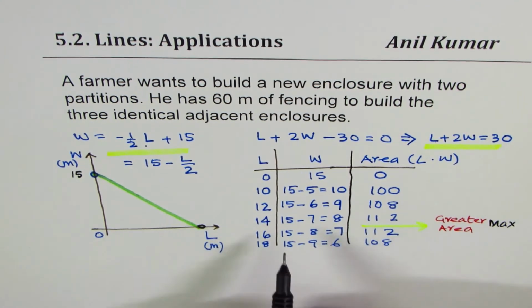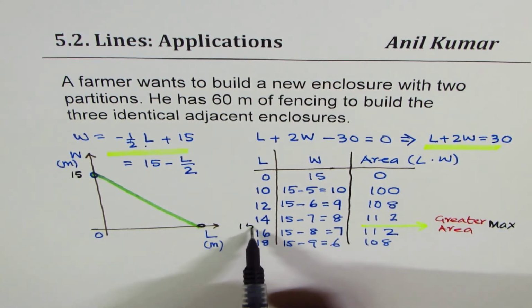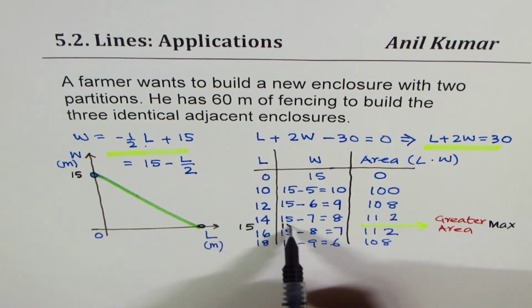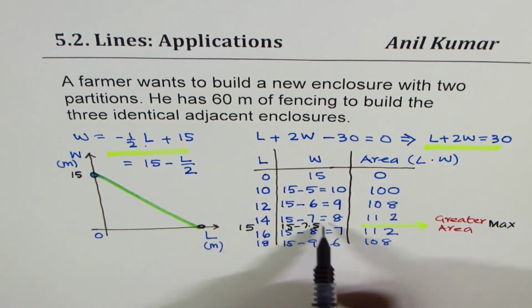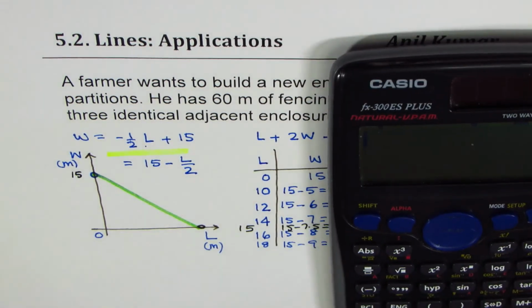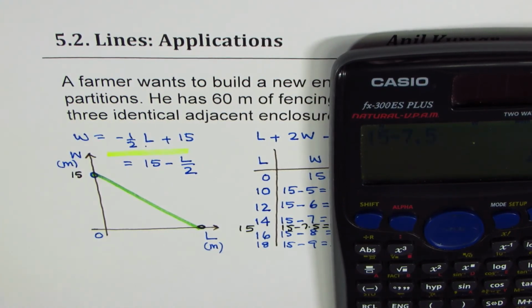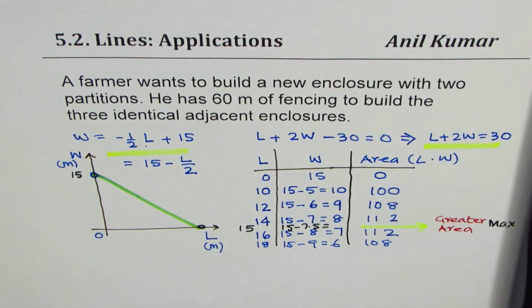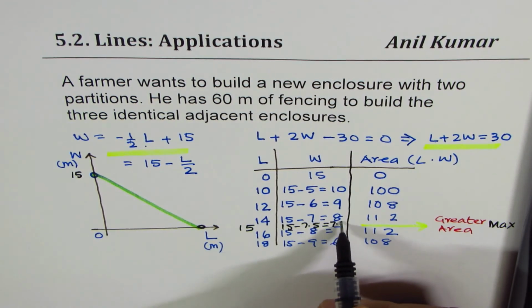So what you can do is, you can try a value 15 here. That will give you 15 minus 7.5. Let's use a calculator since decimals are involved. 15 minus 7.5 gives us, in decimals, 7.5.